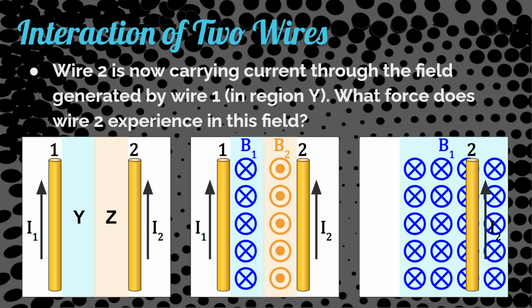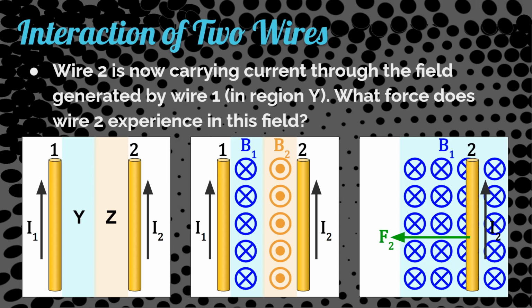We're going to keep our hand flat and we can figure out what that force will look like. My thumb needs to go in the direction of the current, which means my thumb is up. My fingertips need to go into my screen because that's what this symbol means for my field. And when I do that, my force is this way, to the left of my screen. So wire 2 is going to be pulled to the left. So far, so good, hopefully.